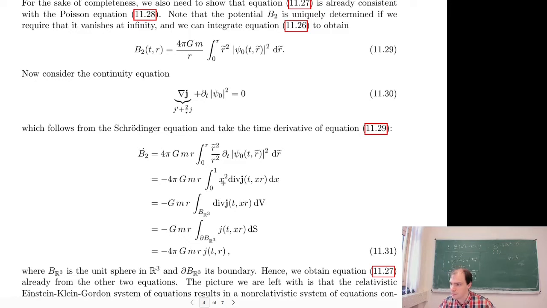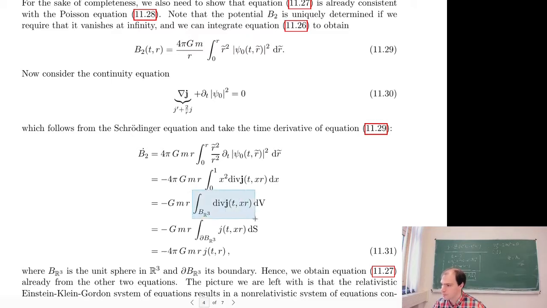So this is just the volume integral of the divergence of J. If this is a spherically symmetric function, after evaluating the theta and phi integration, we would just get this factor 4 pi and this one-dimensional integral over R here.